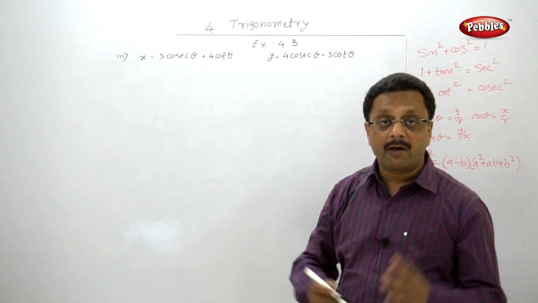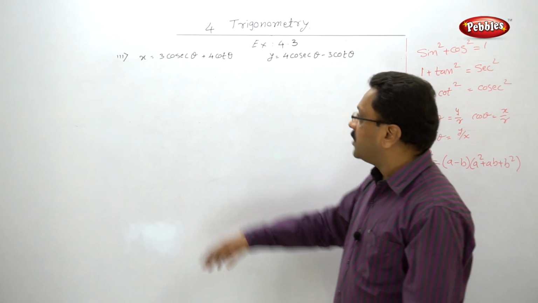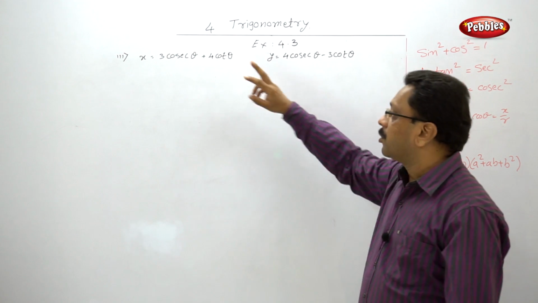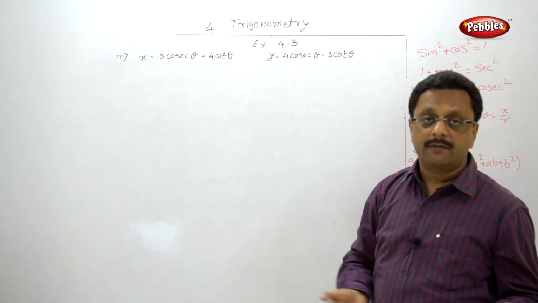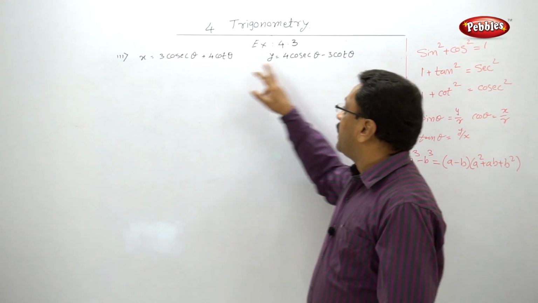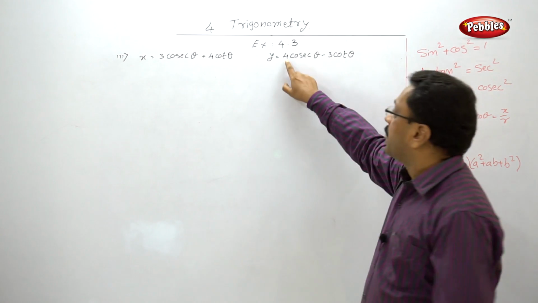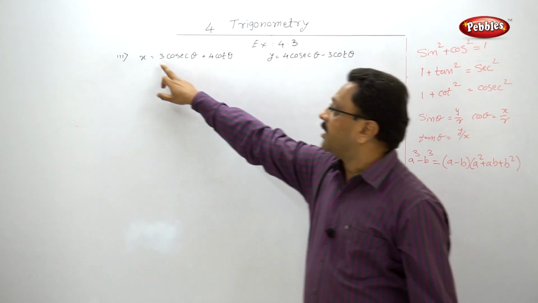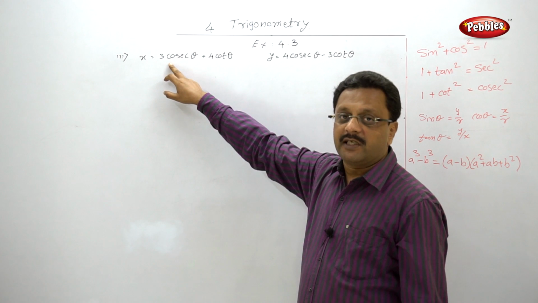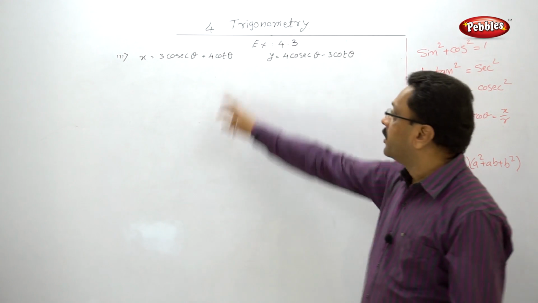But both are present in each equation. So what we have to do first is find out the cosec theta, then find out the cot theta. How you will find that? Very simple. Multiply the first equation by 4 and the second equation by 3, so the coefficient of both the cosec will be the same. Then you subtract and you will get the cot theta.